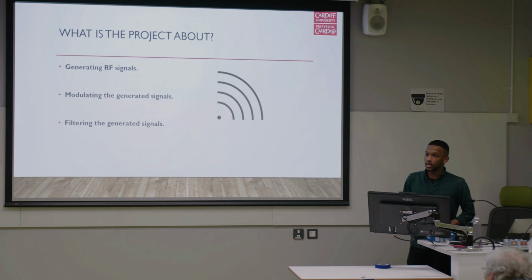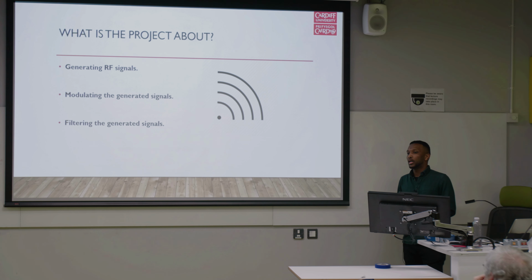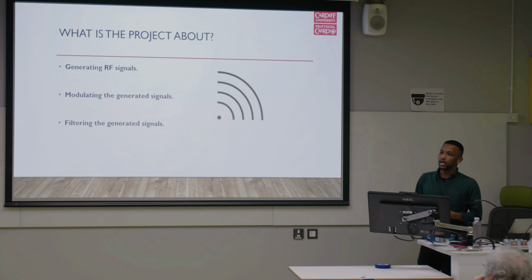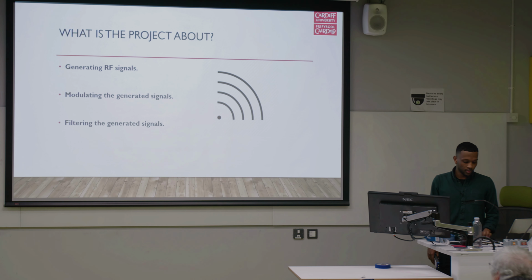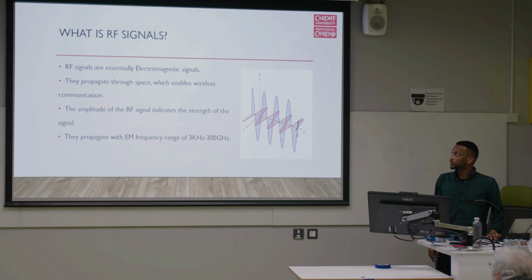By configuring these devices, we can send signals, information and messages, basically. Then we need to modulate these generated signals using FSK, frequency shift keying. And lastly, I need to design and build a filter, a bandpass filter more specifically, to filter out all the noise and harmonics that are going to be present in our transmitted signal.